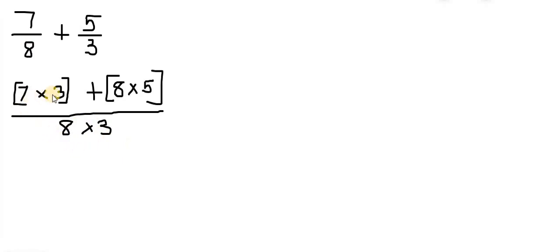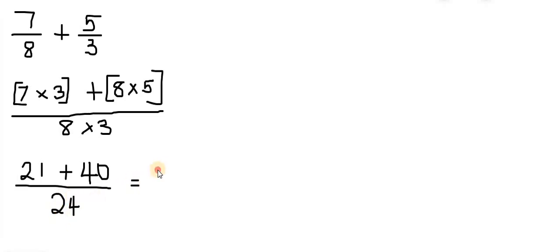Okay, 7 times 3, 21, plus 8 times 5, that's 40. Now 8 times 3, that's 24. So at the end of this all, we have 61 over 24. Now, I do not believe there are any common factors between 61 and 24, so there's no simplifying to be done. That's the final answer.